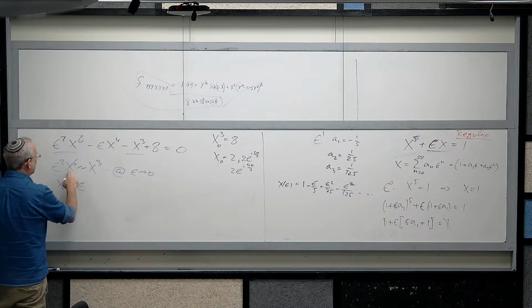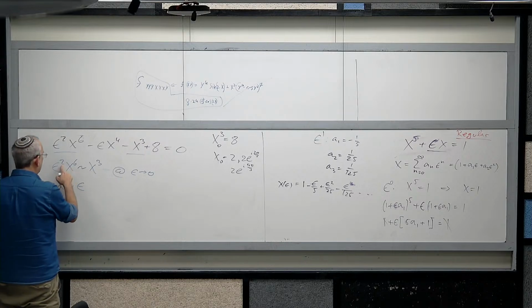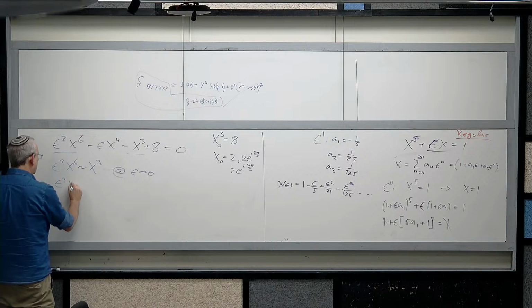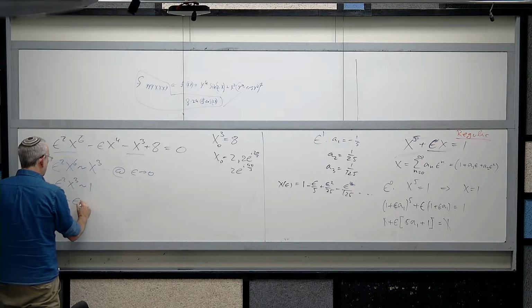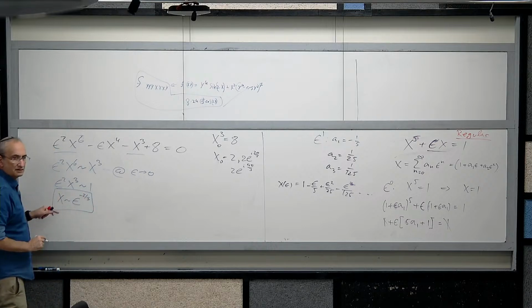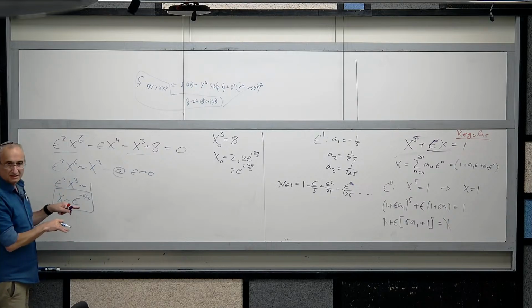So either x is 0, or I can cancel and I get epsilon squared x cubed is asymptotic to 1, so x is asymptotic to epsilon to the minus 2/3. That's the answer.